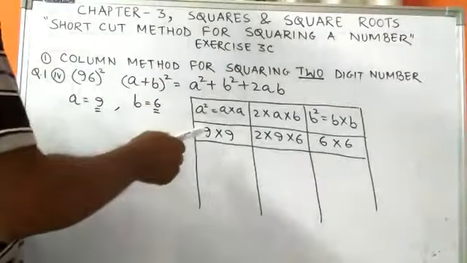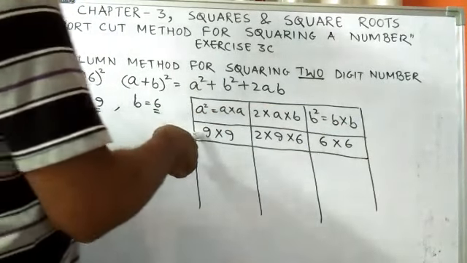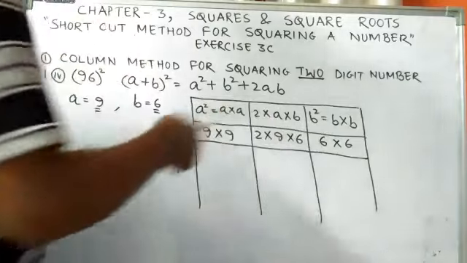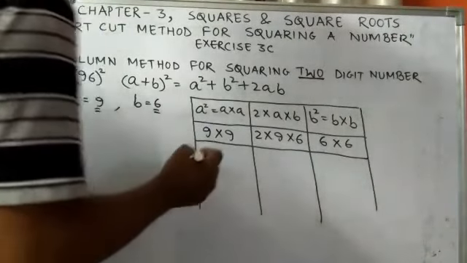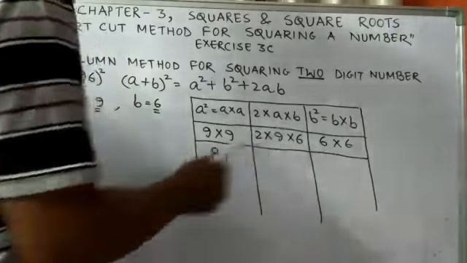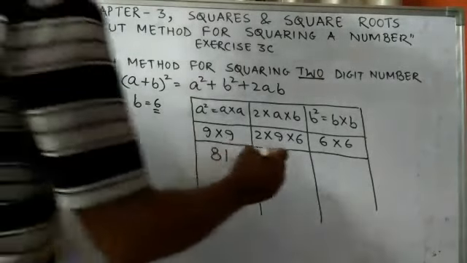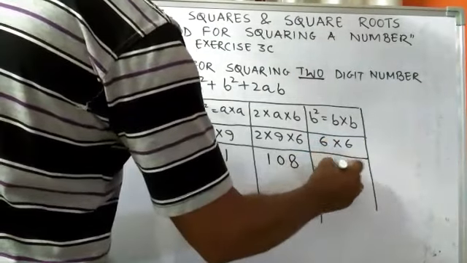The first row has this property, then we substitute the values, and in the third row we have to solve it. 9 nines are 81, 9 sixes are 54, 54 twos are 108, 6 sixes are 36.